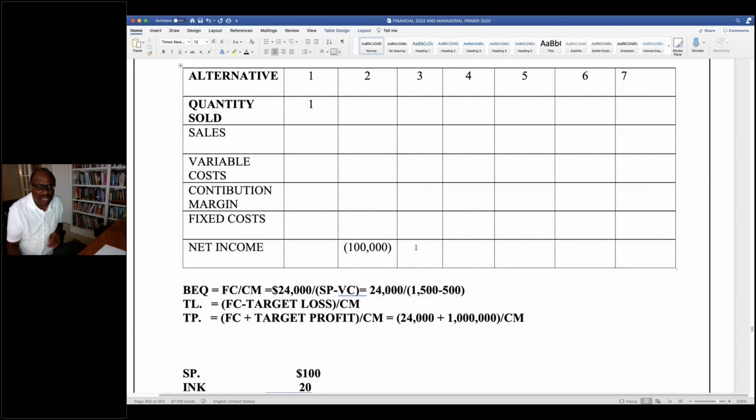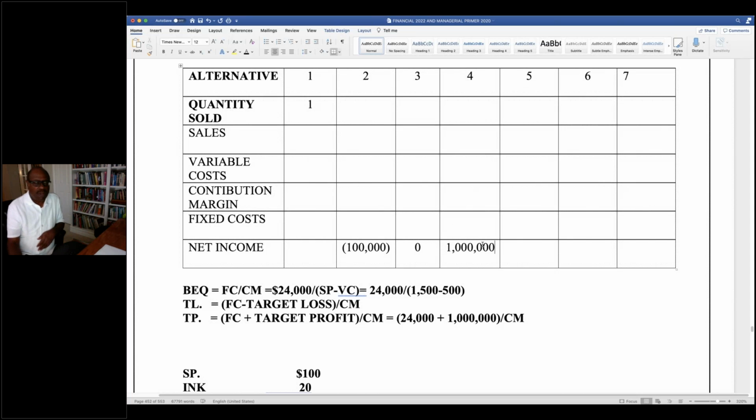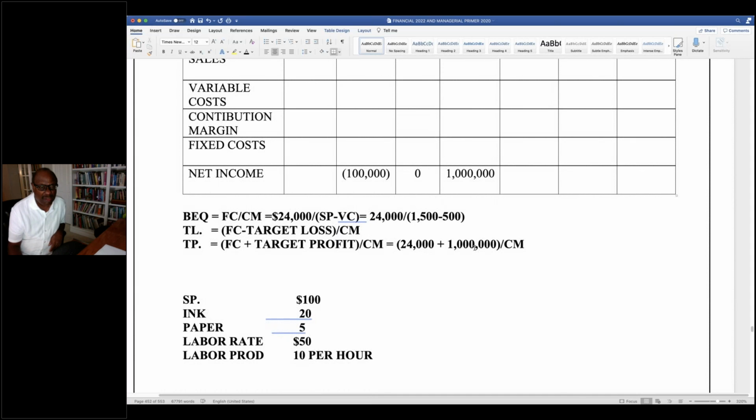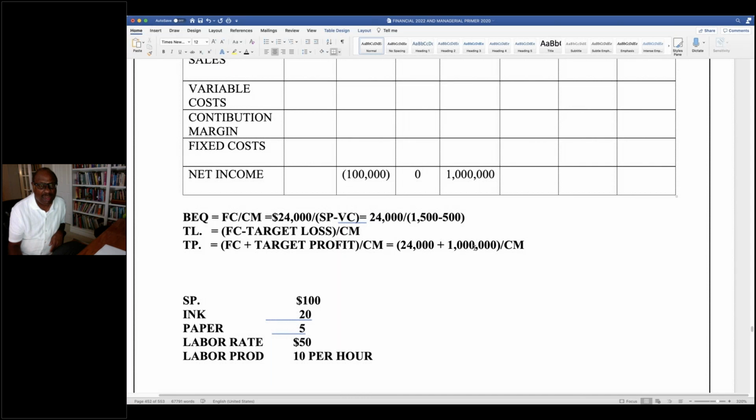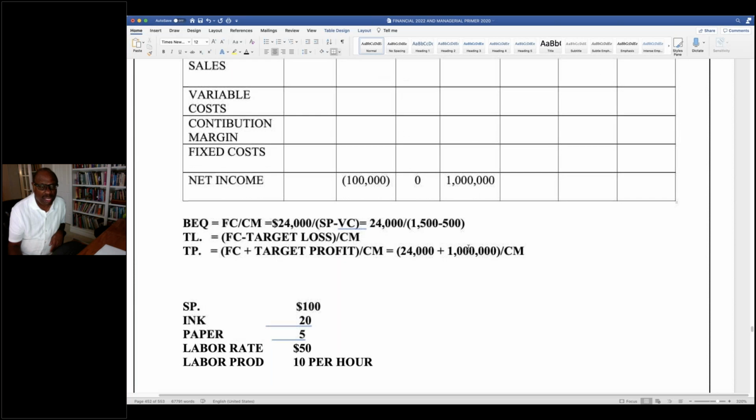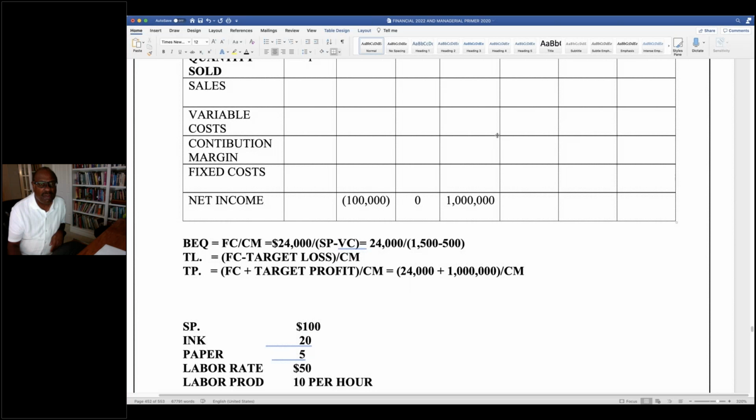Then I want the quantity for break even. Then I want the quantity if you're going to make $1 million. So for the information that you have here, I want you to fill this table out.